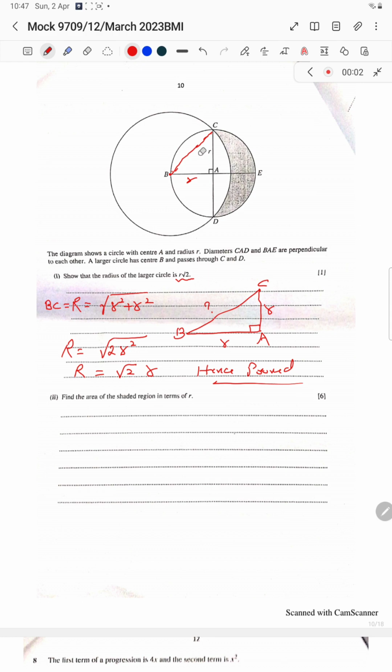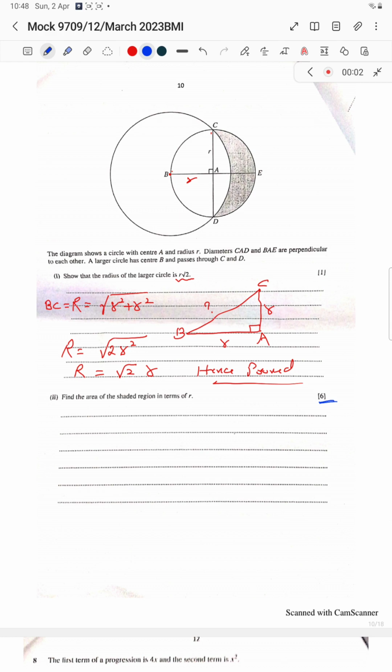Okay, I'm going to remove this line because I need further description. Now the second part is of 6 marks. Find the area of the shaded region in terms of r, small r. It means talking about the small circle. Area of the shaded region.